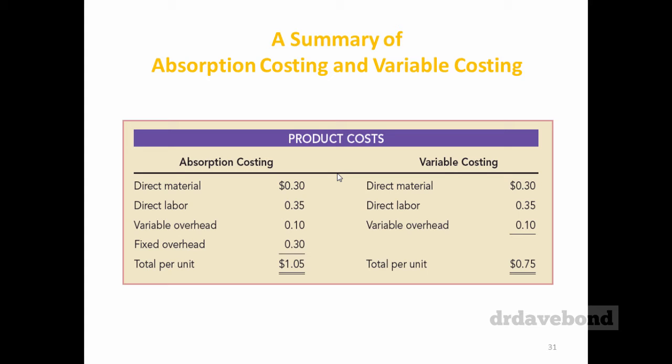Equals 30 cents. That's why it's absorption costing. That's what's happening. The units that you have produced are absorbing that fixed overhead. You're taking it and you're spreading it out across what you've done. And you end up with 30 cents.